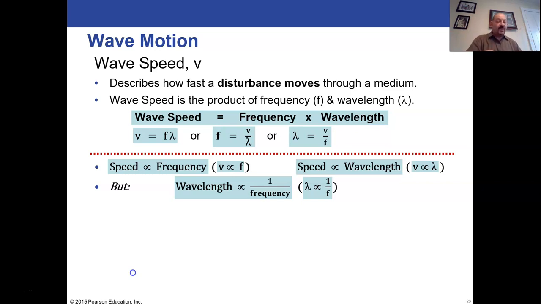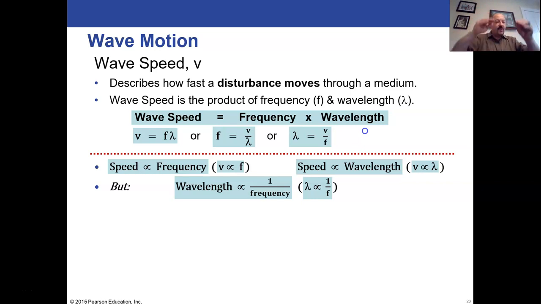If you look at either of the two equations, f equals v over lambda or lambda equals v over f, you see that one's in the numerator, one's in the denominator. So the wavelength and the frequency are inversely proportional. If the speed is constant, those two will balance each other.